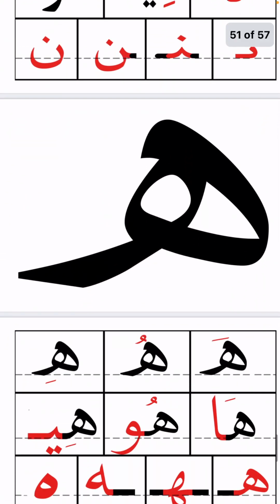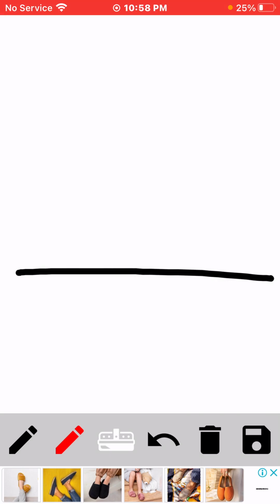Here, look at this letter. This letter looks like it has two eyes. This is letter ha. How do we write it? It is so easy. You can make a circle, and inside it a small circle, a big circle and inside it a small circle.